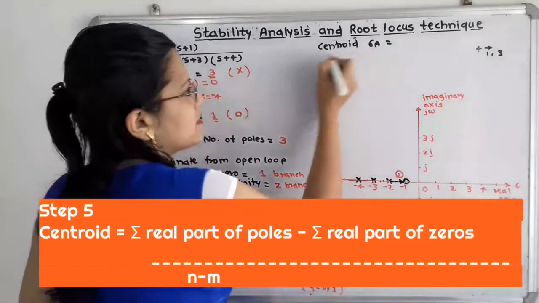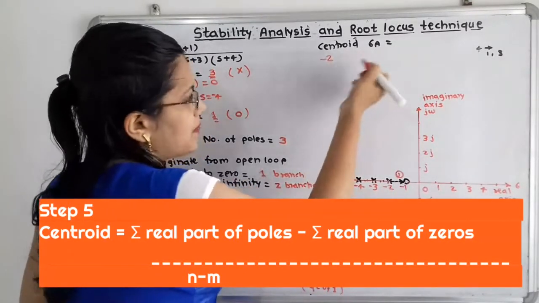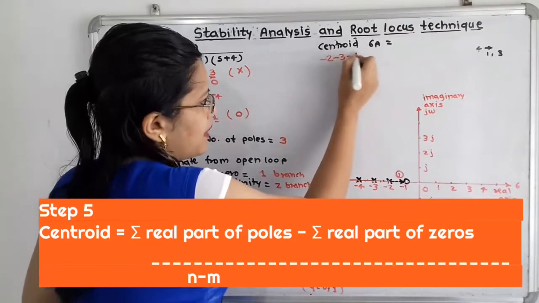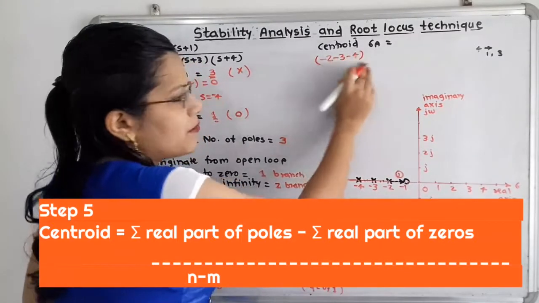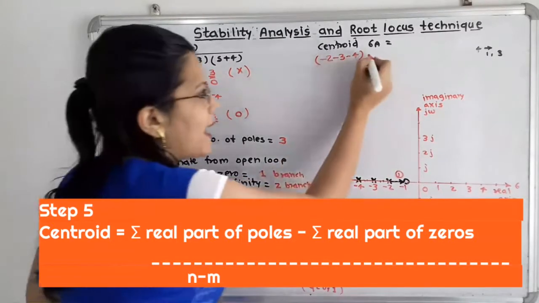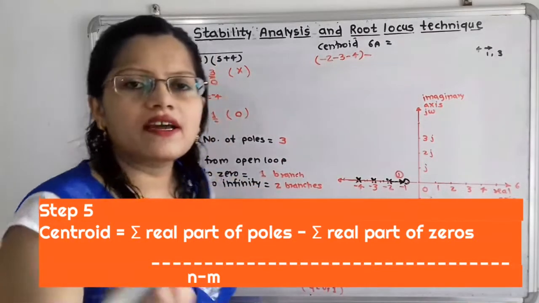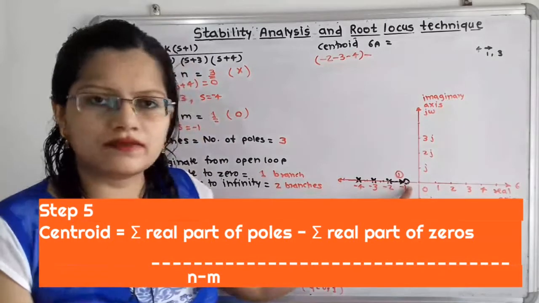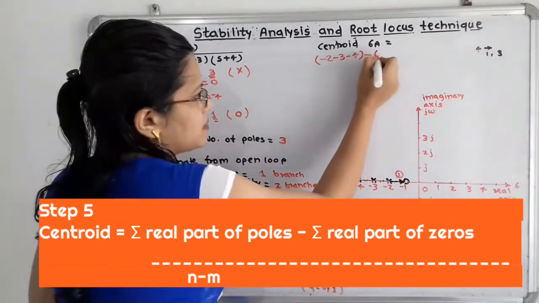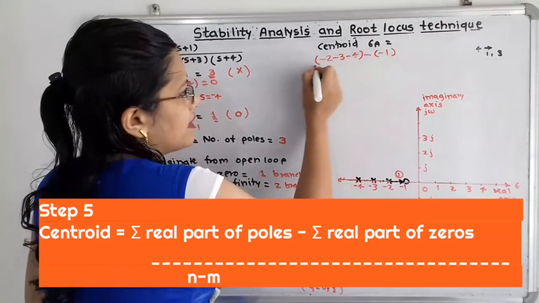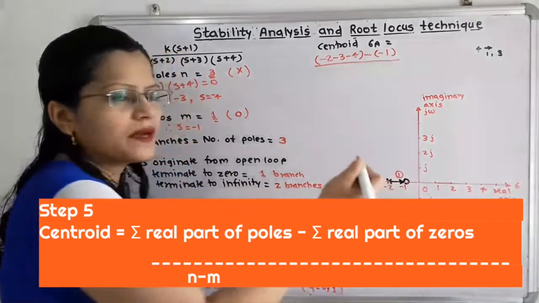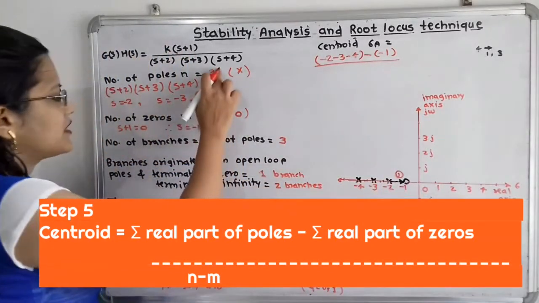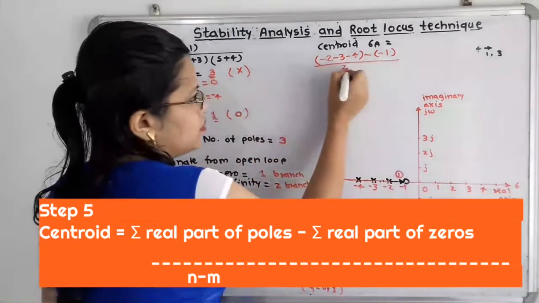So I will take the sum: minus 2 plus minus 3, minus 4. This is the sum of real part of poles minus the sum of real part of zeros. The real part of zero is minus 1. So we have to take this minus 1 inside the bracket, divided by number of poles minus number of zeros. Number of poles 3 minus 1, that is 2.